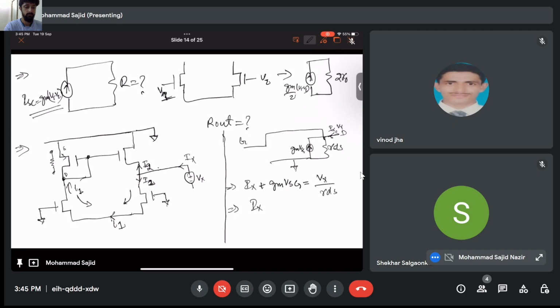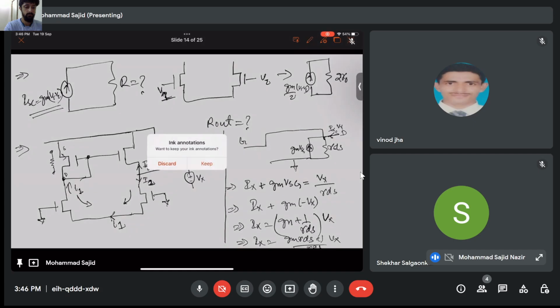So this is Ix equals Vx by Rds plus Gm, Vs is 0 and Vg is Vx, so this is minus Vx. So my Ix is Gm plus 1 by Rds times Vx. So again, I will just first simplify it. This is Gm Rds plus 1 divided by Rds times Vx. Alright, let's see.